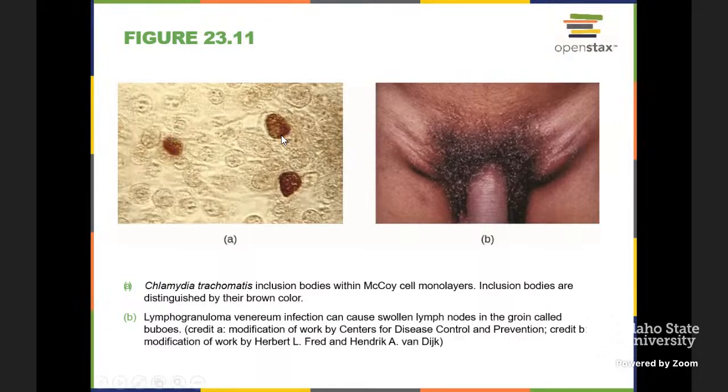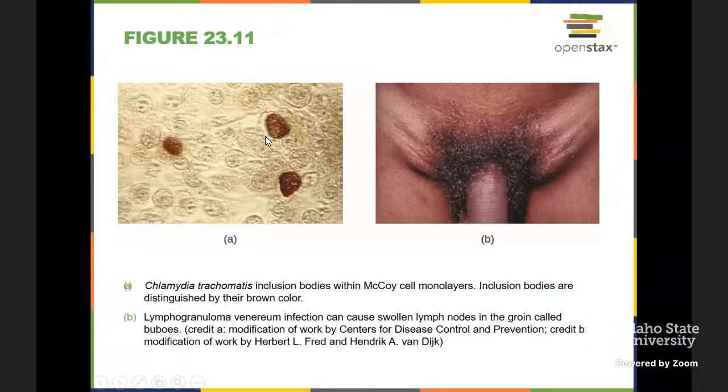So here we can see a few normal cells all surrounding, and a few, three of them, that have this darkish pigment within them. We call these McCoy cells, McCoy cell monolayers, and the chlamydia getting in there, all right?